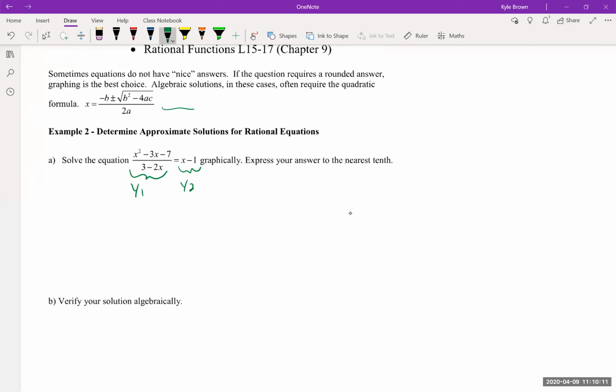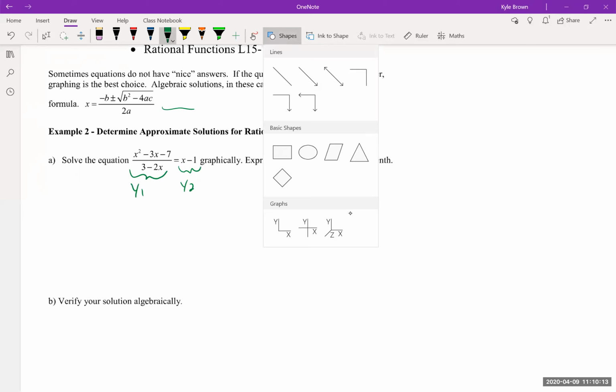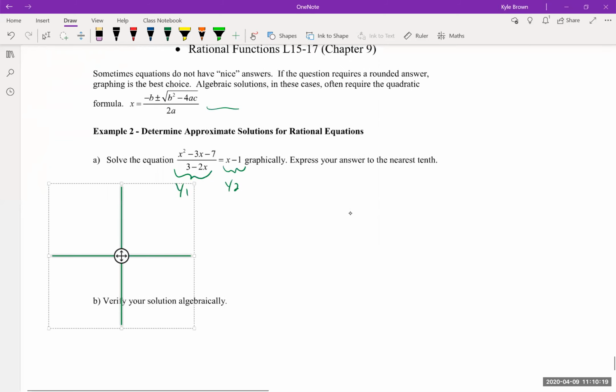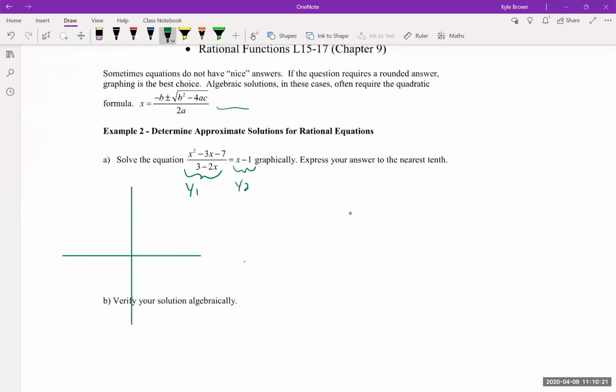In the end, you would get a graph that looked something like that and something like this.